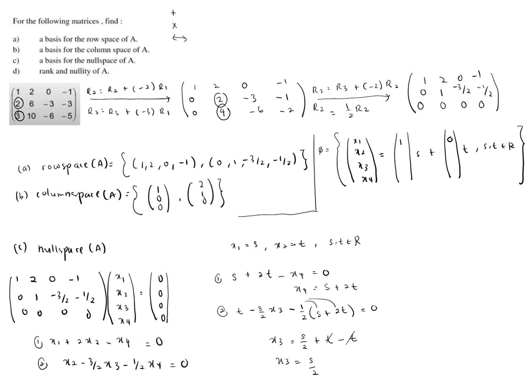So X3 tu negative 3/2 kat mana? Sorry, negatif mana? Yang equation nombor 2 tu. Equation number 2, right? T minus 3/2 X3 minus 1/2 X4. X4 ni kita ambil daripada atas tadi. Ni, X4 equal S plus 2T. Okay, jap. Saya buat balik.